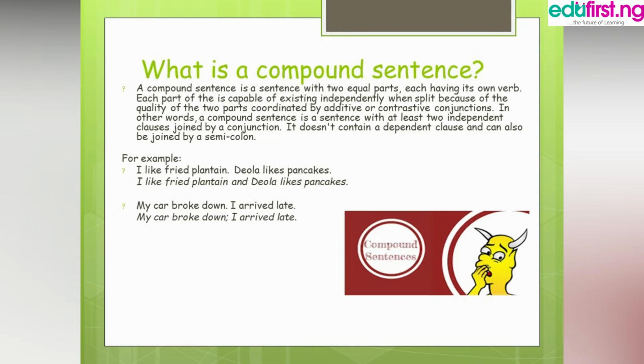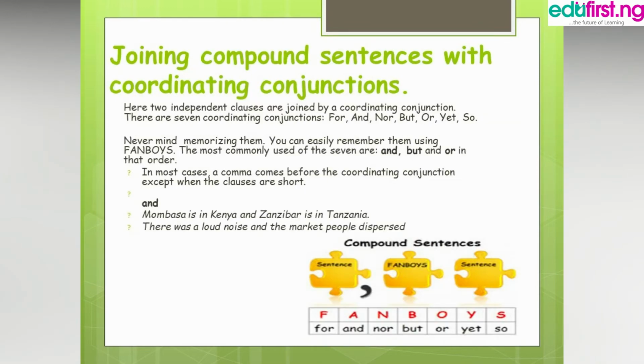Now let's look at how they are formed. The first is by joining compound sentences with coordinating conjunctions. Here, two independent clauses are joined by a coordinating conjunction. There are 7 coordinating conjunctions, namely for, and, nor, but, or, yet, and so.